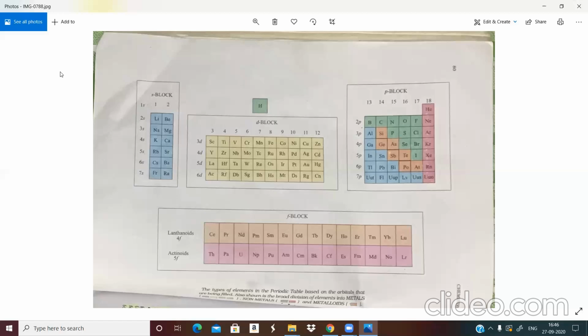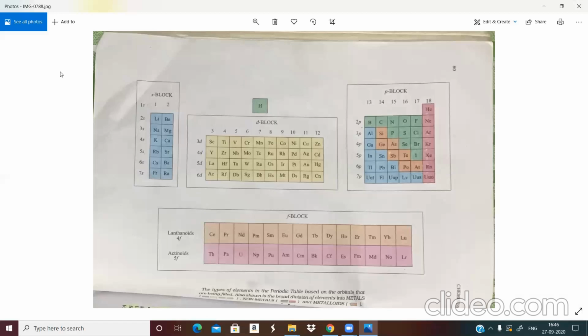These are all metalloids. That is, we can see that bordering this line running diagonally across the periodic table shows properties that are characteristics of both metals and non-metals, and these elements are called semi-metals or metalloids.